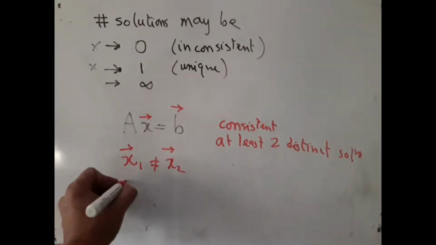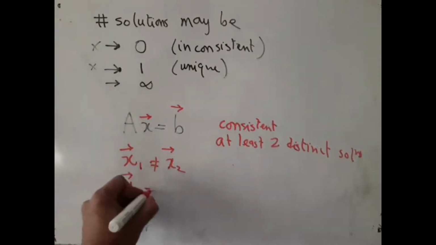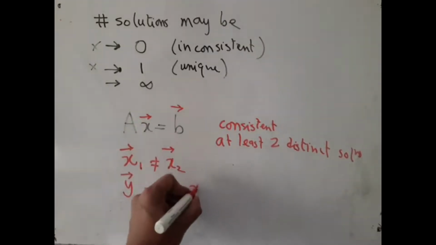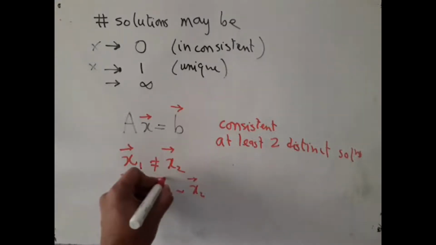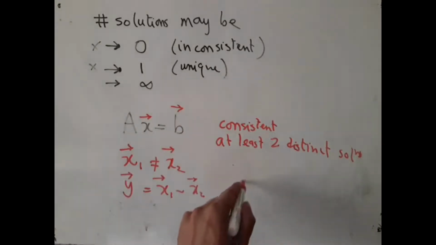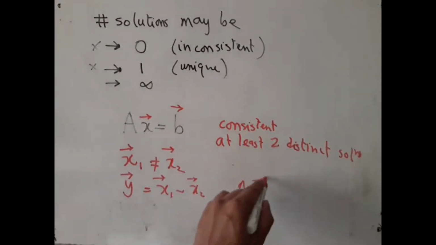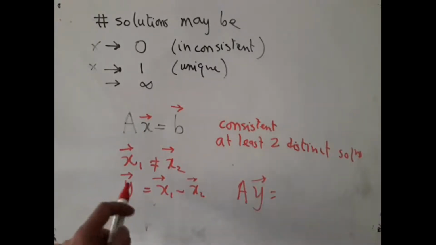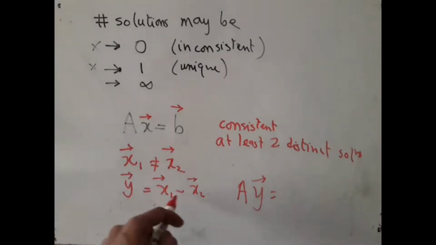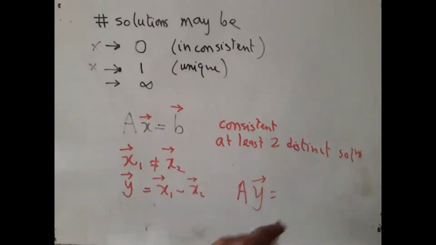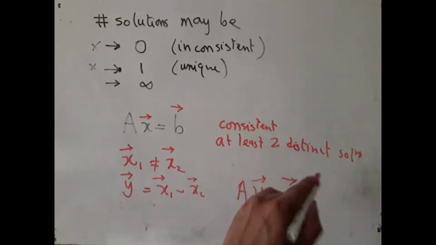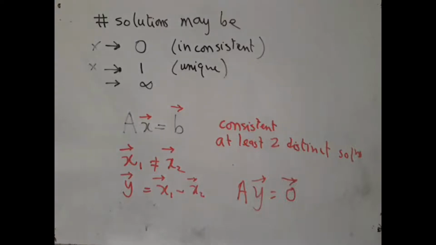I will define y as x1 minus x2. Now when I do that, I can easily see that Ay must be equal to 0 because Ax1 minus Ax2, both of them are equal to b, so this has to be equal to 0. And y is a non-zero vector.